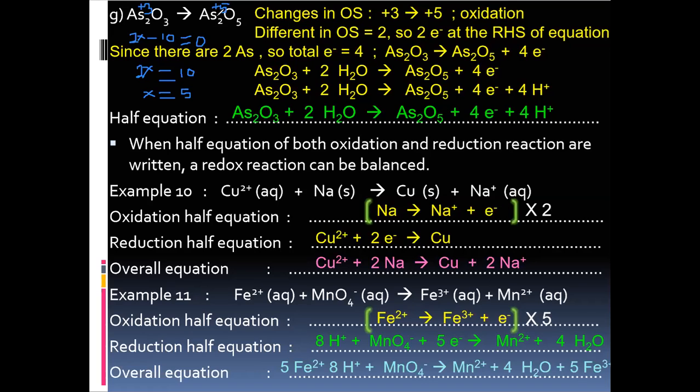So electrons are actually being lost, but the oxidation number is increasing. So do not forget all that. You can see the oxidation state change from +3 to +5, which is oxidation. The difference in oxidation number is 2, of course, 5 minus 3. And so we know we'll add 2 electrons to the right-hand side of the equation.